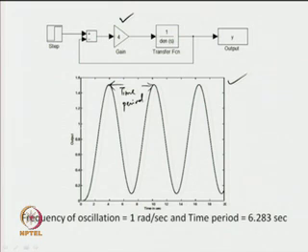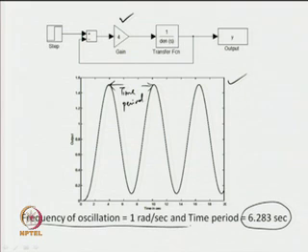The period of the output is found to be 6.283 seconds, and therefore, the frequency of oscillation becomes 1 radian per second. The frequency of oscillation omega is nothing but 2 pi upon T. So, from simple calculation it is not difficult to obtain omega as 1 radian per second.